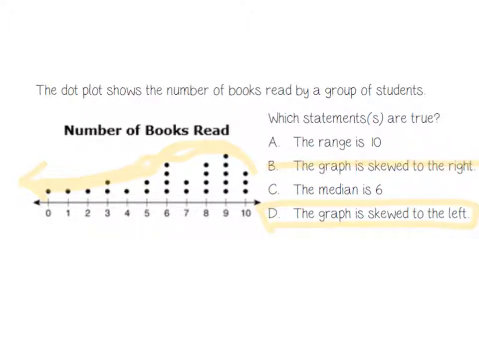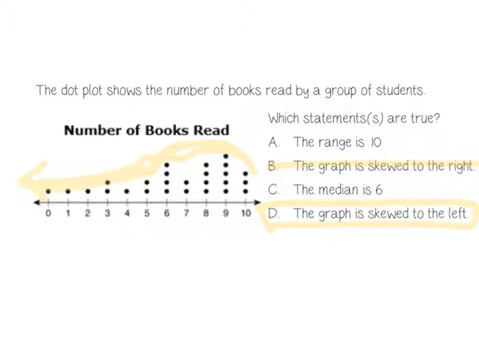So now we need to figure out the range and the median. To figure out the median, I need to figure out how many pieces of data I have and where the center is. 1, 2, 3, 4, 5, 6, 7, 8, 9, 10, 11, 12, 13, 14, 15, 16, 17, 18, 19, 20, 21, 22, 23, 24, 25, 26.